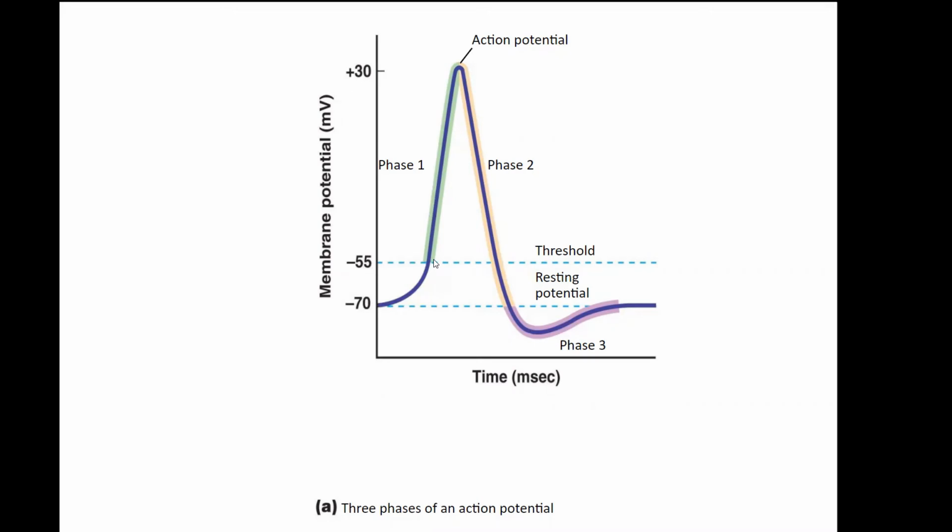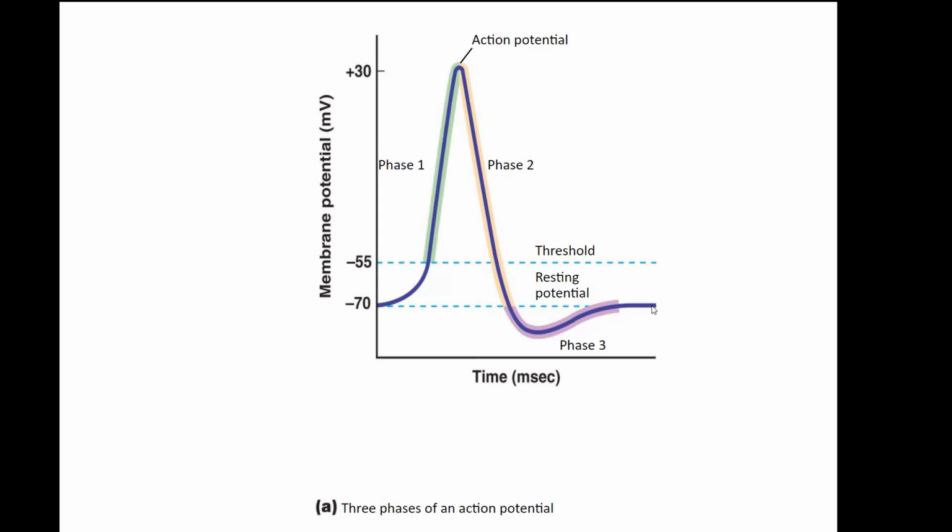We allow ions to move such that we raise our membrane potential up positive, positive, positive, to +30. Then we drag that membrane potential back down to -70, actually overshooting it a little bit before we return to the resting potential.